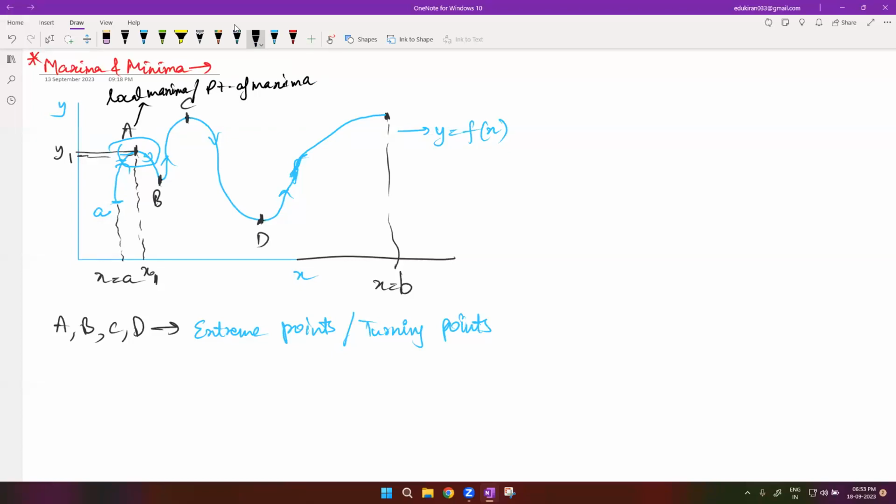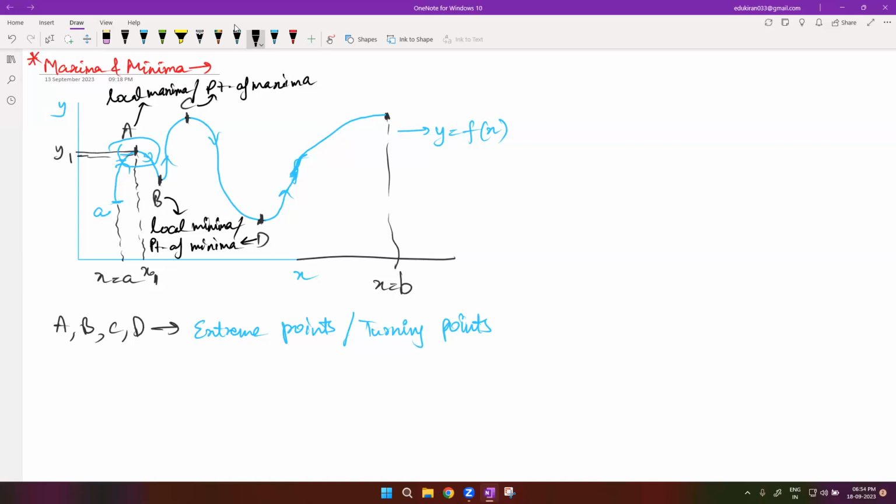And similarly, B and D can be known as local minimum, or points of minimum. So, very simple definitions. These 4 points are known as extreme points or turning points.